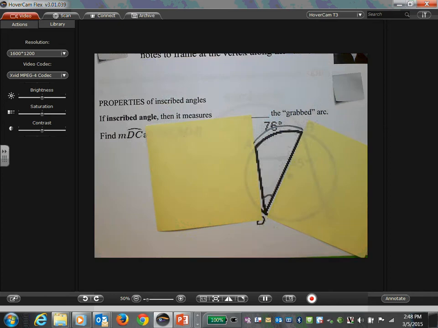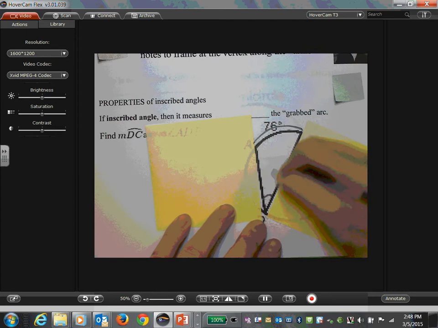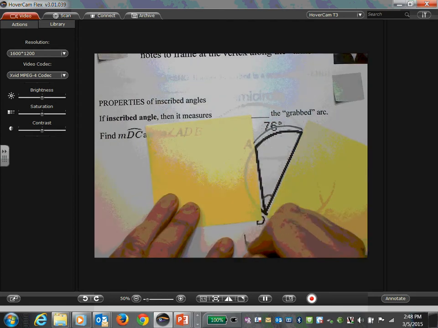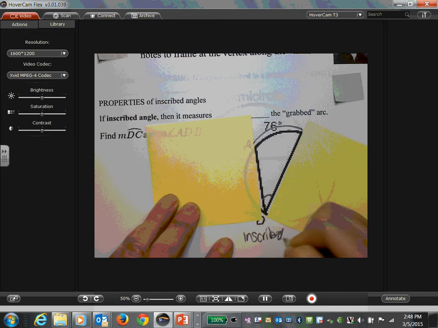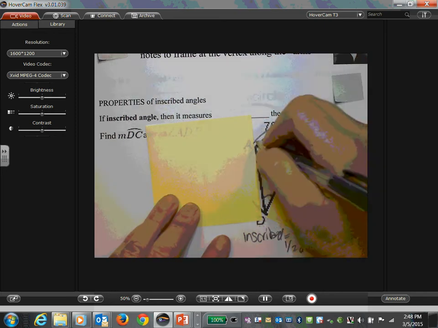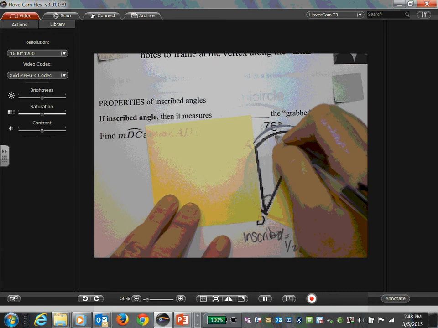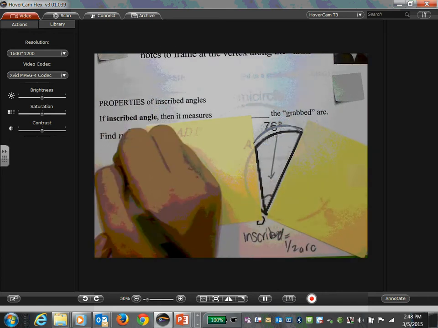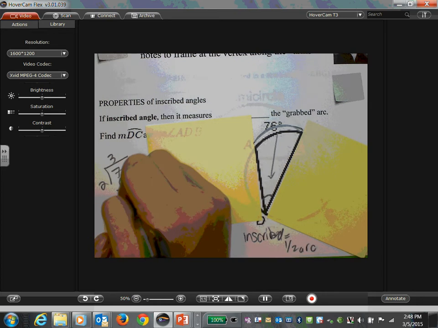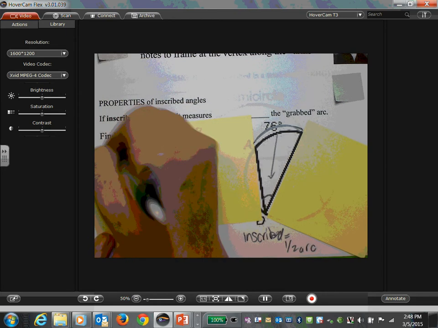Okay, really important property. Central angles are equal to the arc. This inscribed angle is half the arc. So if this is 76, we go back this way. That's going to be 76 divided by 2, and we get 38.